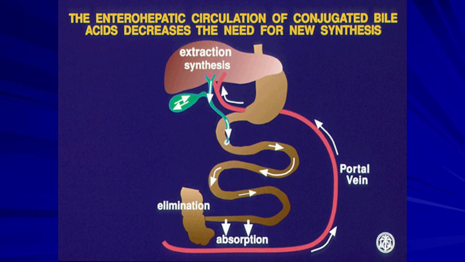And the third one is reuptake into the liver across the sinusoidal membrane of hepatocytes, and that's also an active one. You of course lose a little bit of bile salts in the stools, about 600 milligrams daily, and you need to synthesize, of course, about 600 milligrams daily. That whole process is called the enterohepatic circulation of conjugated bile acids.